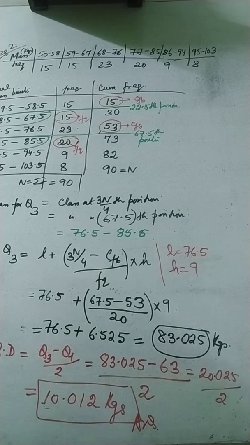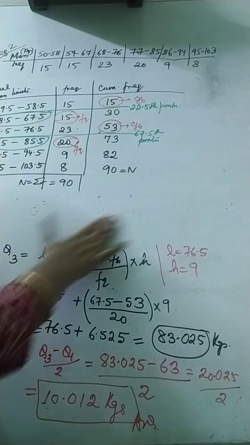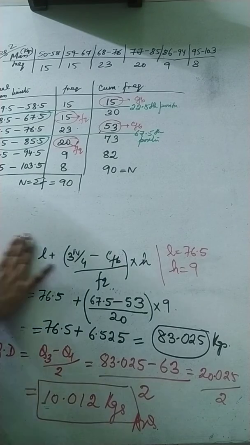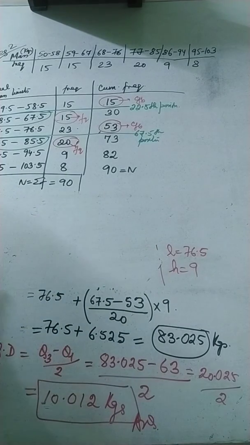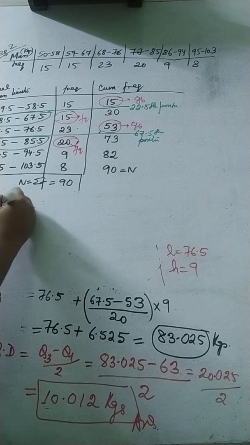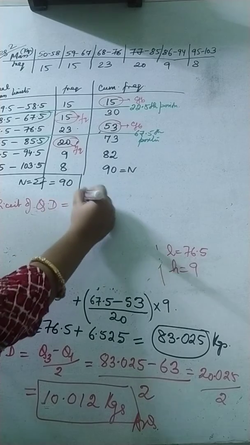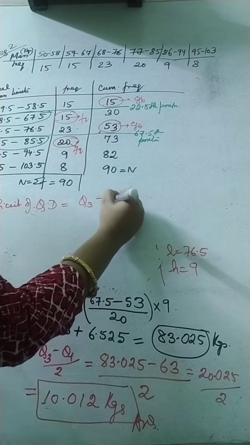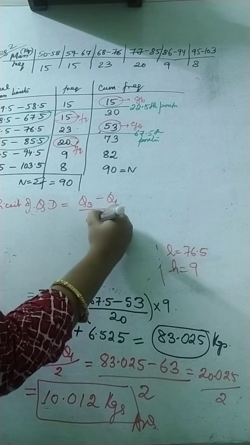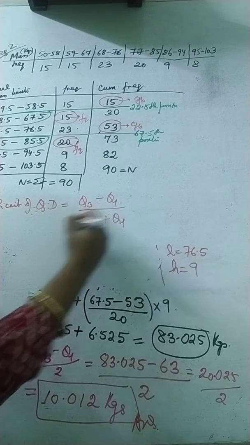Coefficient of quartile deviation, to calculate, what will you do? Q3 minus Q1 by Q3 plus Q1. So I'll add that. Coefficient of quartile deviation is equal to Q3 minus Q1 by Q3 plus Q1.